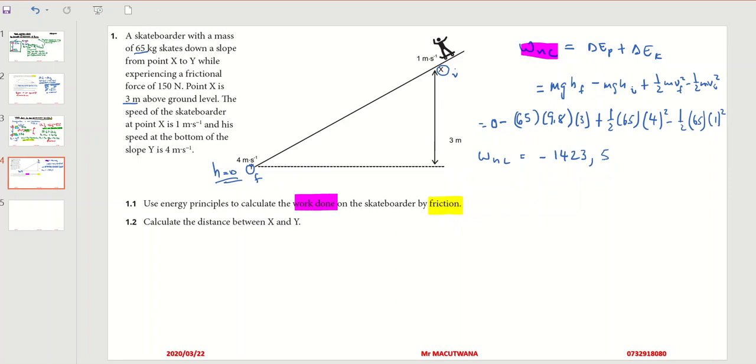So if you write 0.5, it becomes incorrect according to the instruction. So we need to write 0.50. Then we write our units.